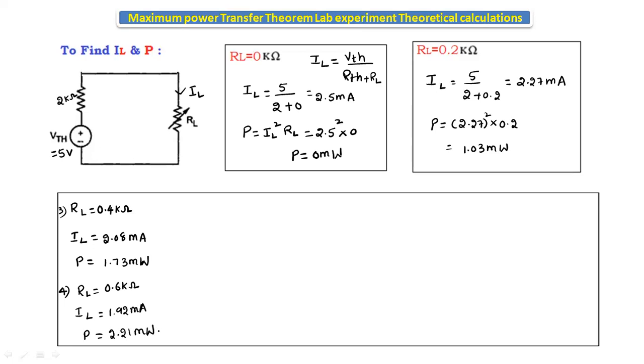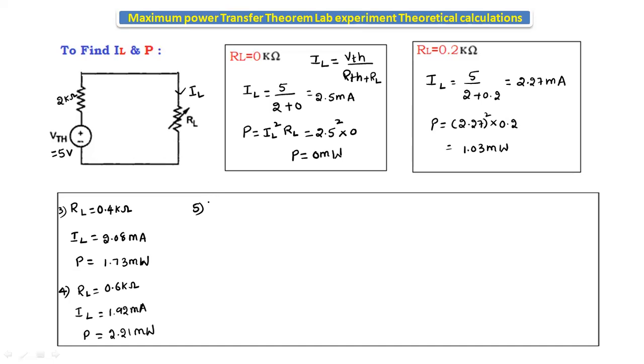So why are we taking different resistors? Because we don't know where we will get the maximum power. We'll check the different load resistance values, and finally we will observe where we are getting the maximum power.